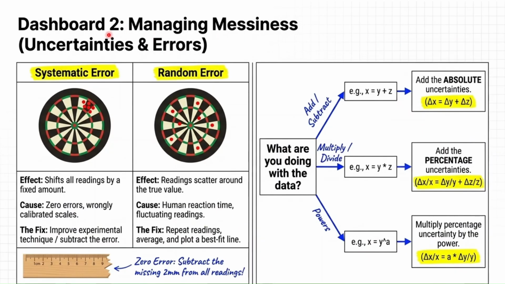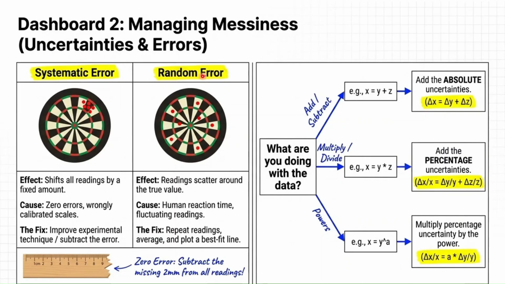Now, in part two, we have uncertainty and errors. We see systematic error and random error. In systematic error, all the readings shift by a fixed amount, which is not accurate, but it is a precise value. Now, how do we remove this error? By subtracting the error, and this is the instrumental error.